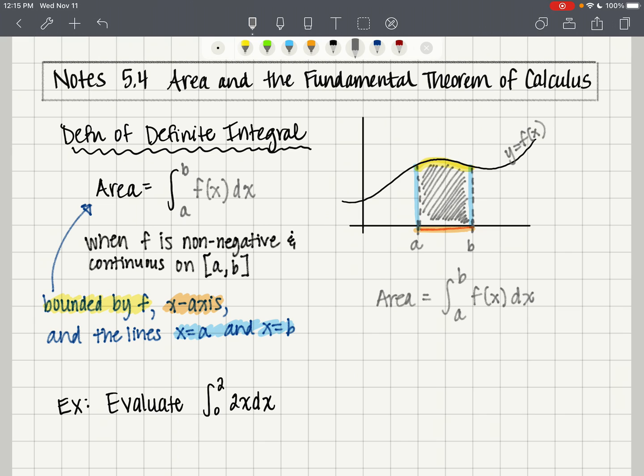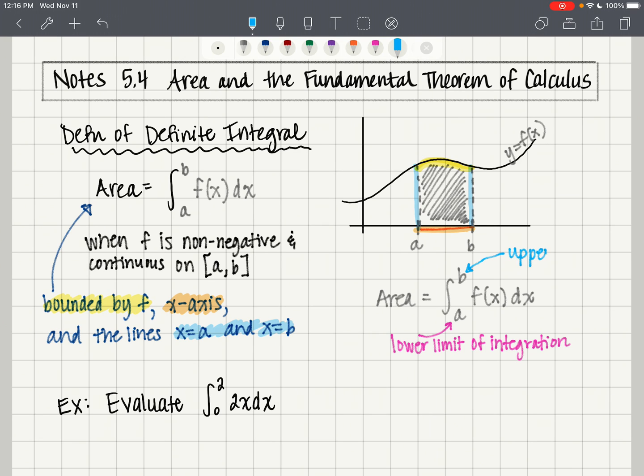Area is equal to, we know that this is the integral sign. We've got our lower limit of integration. That's called your lower limit of integration. It's going to be important for you to know this vocabulary so that when we talk about the lower limit, the upper limit, you know exactly which is which.